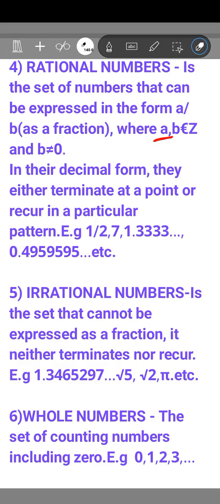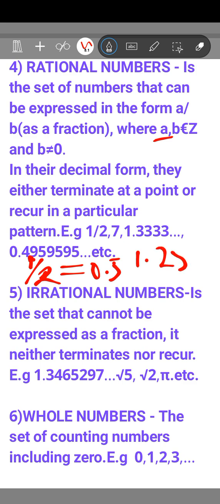Now, the decimal part of a rational number either terminates at a point or recurs in a particular pattern. For example, we have 1 over 2. This is in the form a over b. Now, in its decimal part, it can be written as 0.5, terminating at a point. Other rational numbers can be written as 1.25, terminating at a point. Sometimes it can be longer, but it will surely terminate at a point.